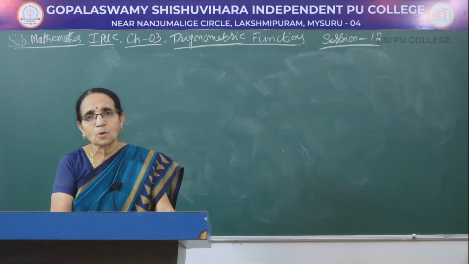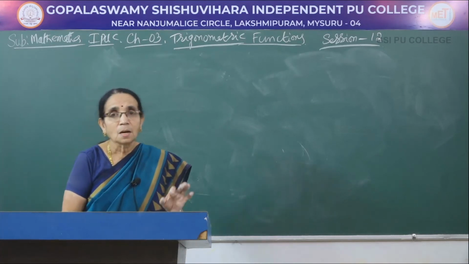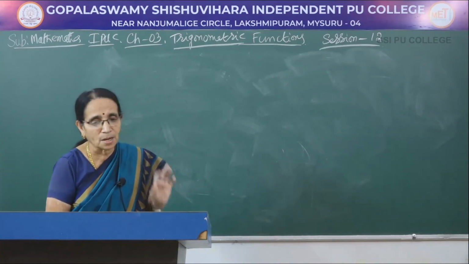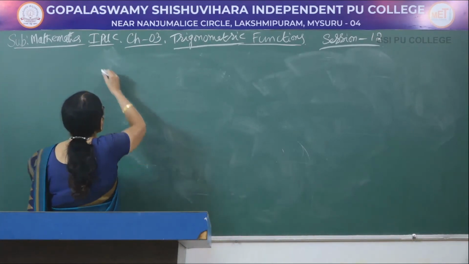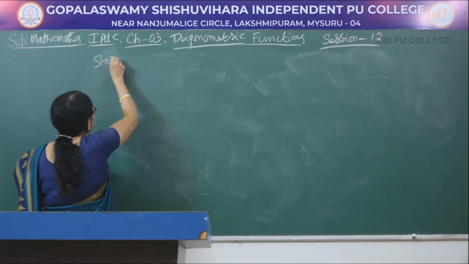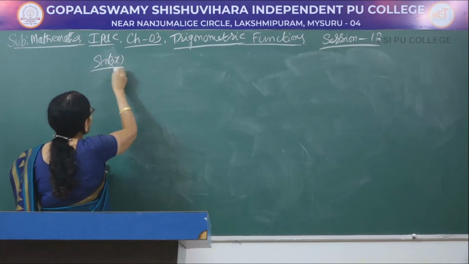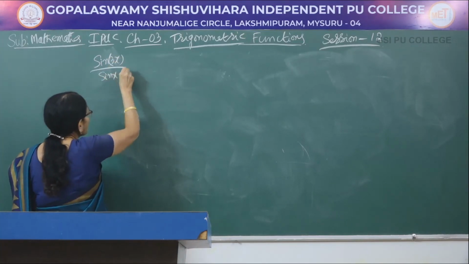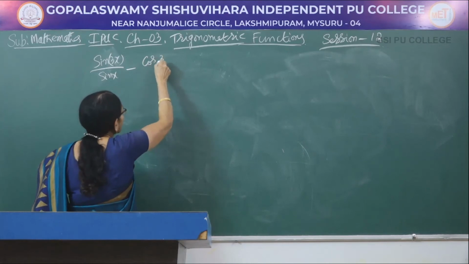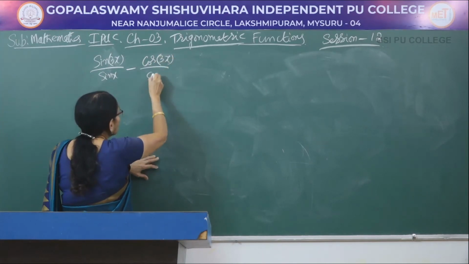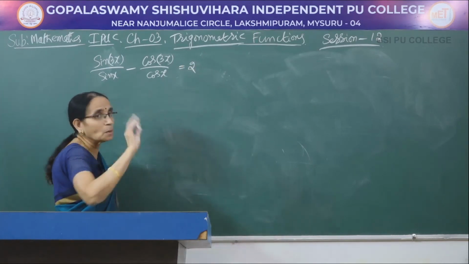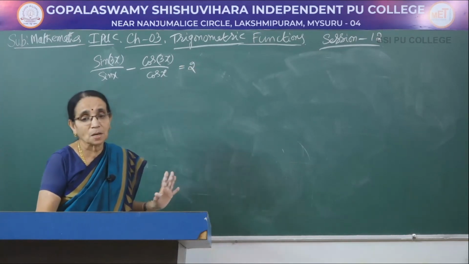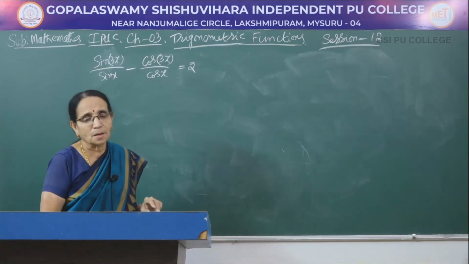Again, in this also I will be using the multiple angle formula for 3x, both sine as well as cos. Prove that sine of 3x divided by sin x minus cos of 3x divided by cos x is equal to 2, only a number here, no sine or cosine there.